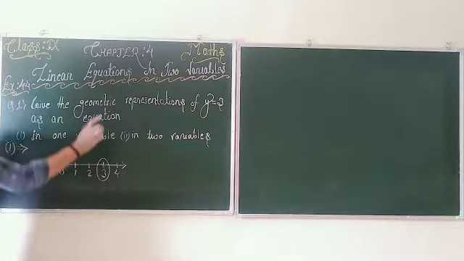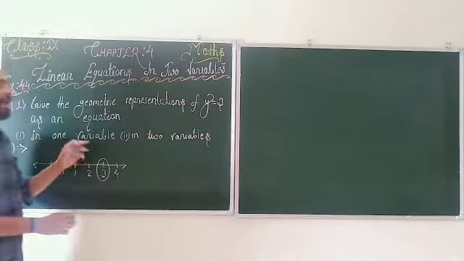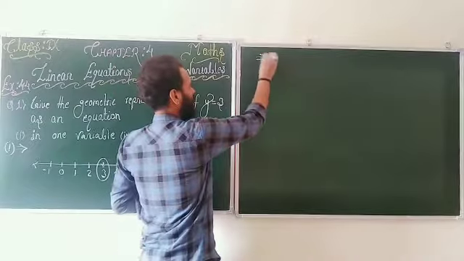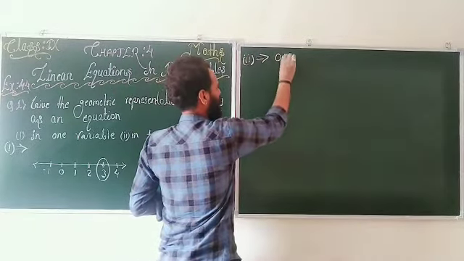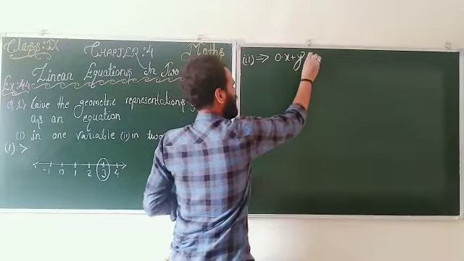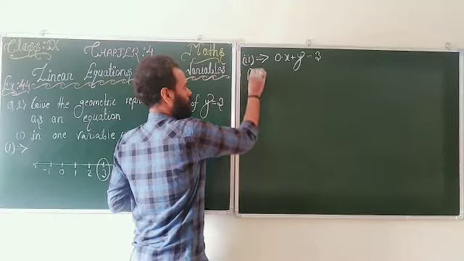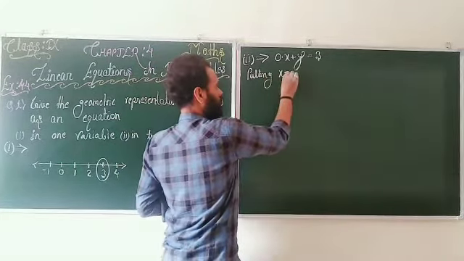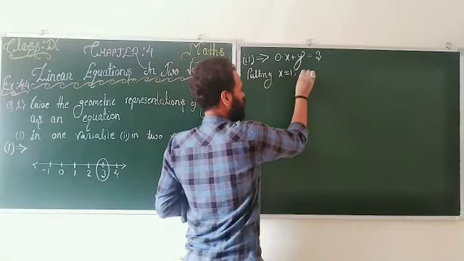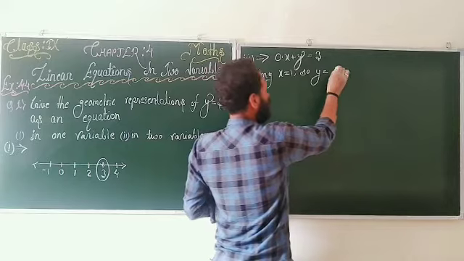Representation of y is equal to 3 in one variable, and we represent it in two variables. The form of the equation is 0 into x plus y equal to 3. In this equation, if we put x equal to 1, y is equal to 3 minus 0 into 1.